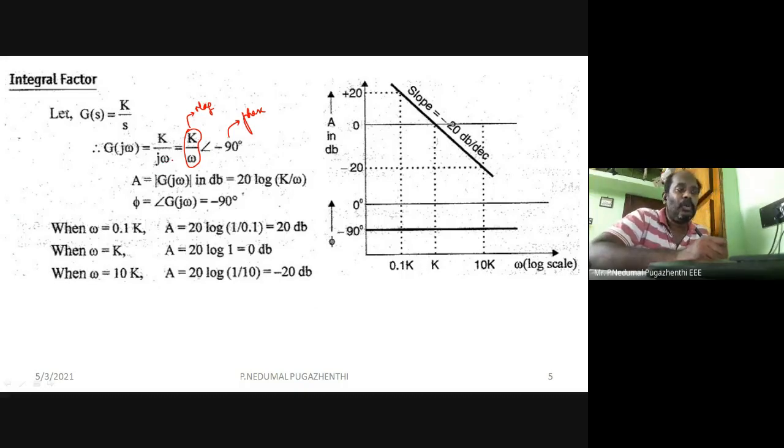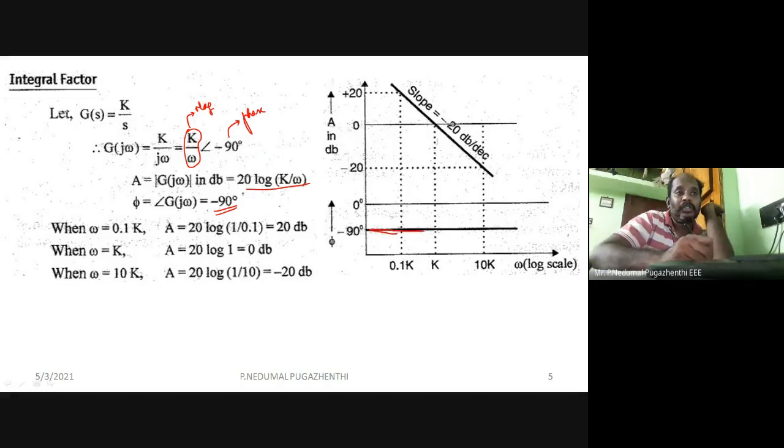To get the magnitude value in decibels, you take this k by omega and put 20 log of k by omega, and the angle is going to be minus 90 degrees because it is not going to change with respect to omega.